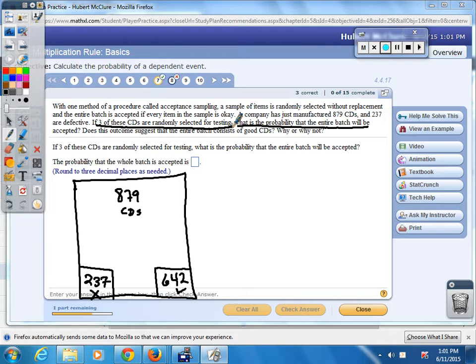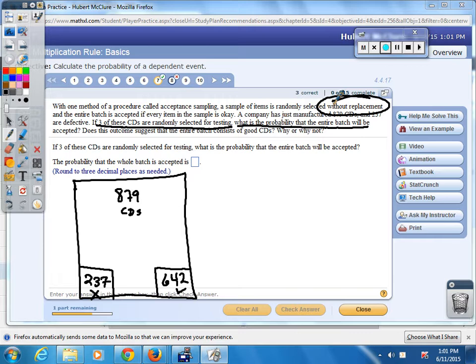So you could rewrite this and say, if 3 of the CDs are randomly selected, what is the probability that all 3 are good? And if all 3 are good, the entire batch will be what? That's what they really should say. Now it says without what? So that means without replacement means that you have to subtract 1, right?